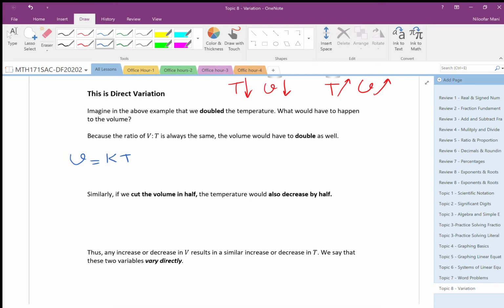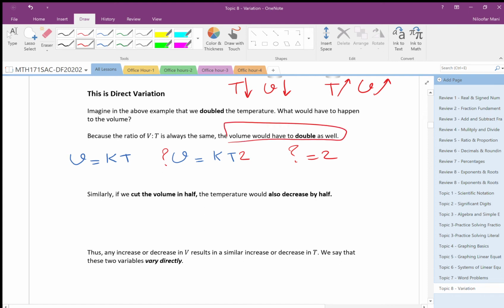Double the temperature means you multiply. You multiply this side by 2 because temperature is multiplied to double. Of course, when they are equal, I have to multiply the other side as well by 2. Yes, the volume also doubles. I can show it this way.